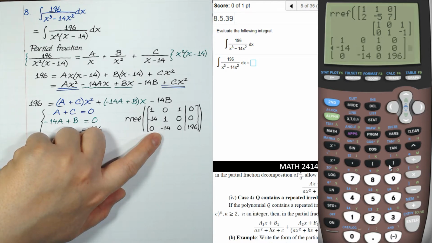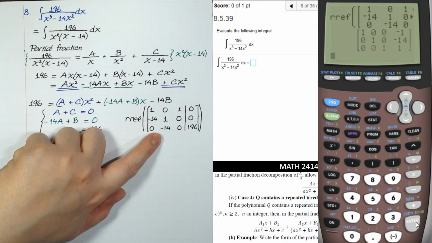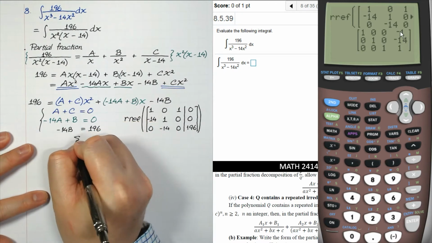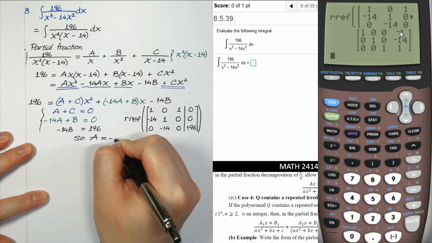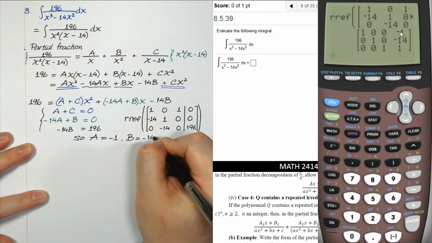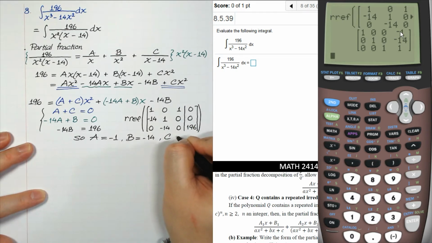Close parentheses, and so A is negative 1, B is negative 14, and C is 1.